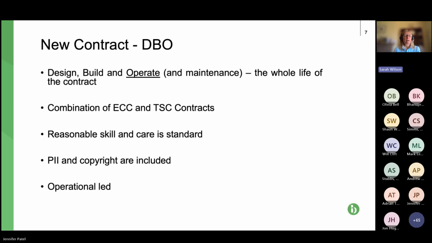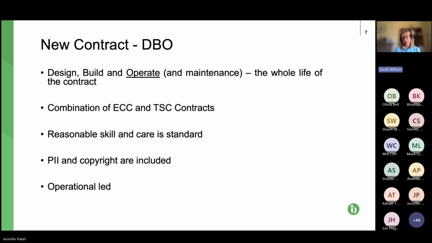But where I think it is useful for those engaging in works under an engineering and construction contract or a subcontract is that reasonable skill and care is a standard clause in this contract.